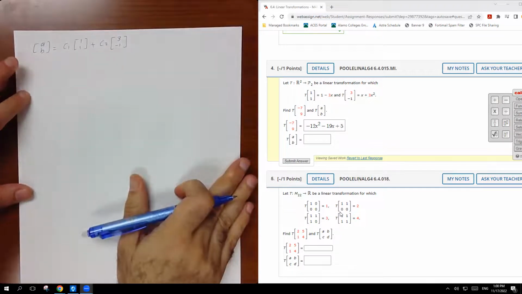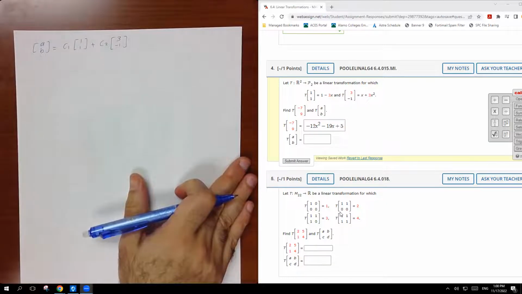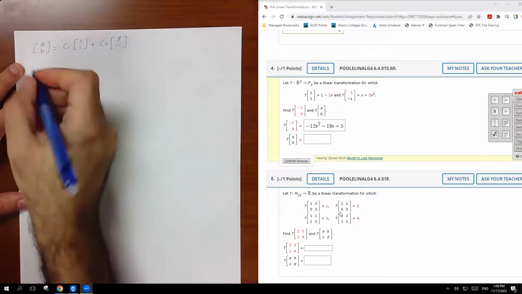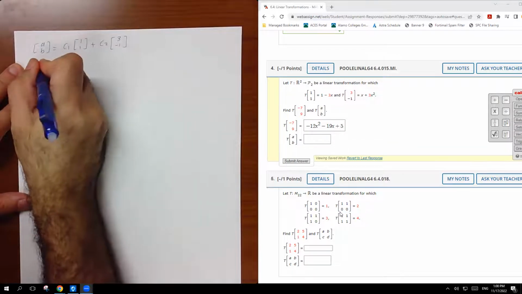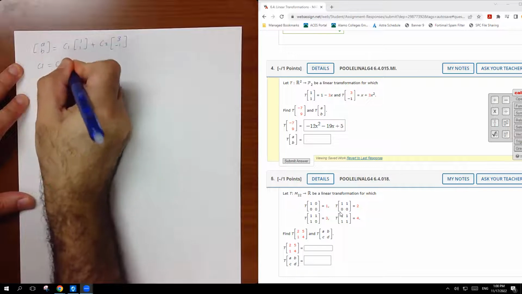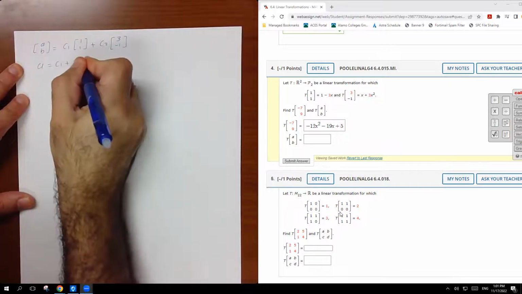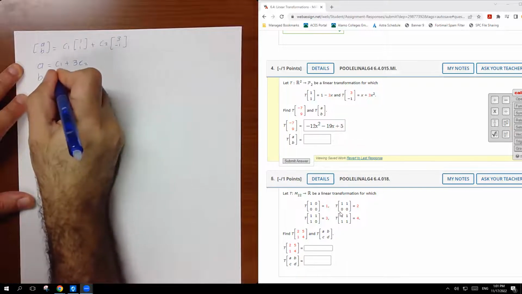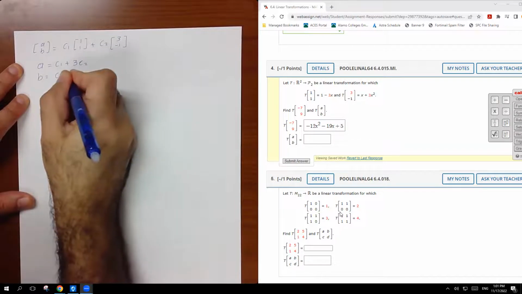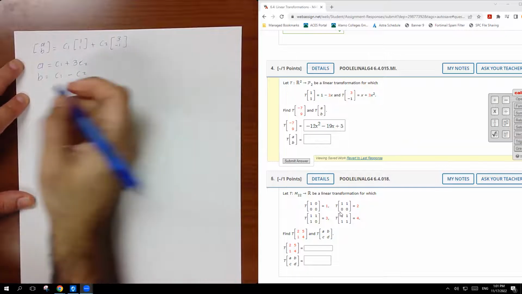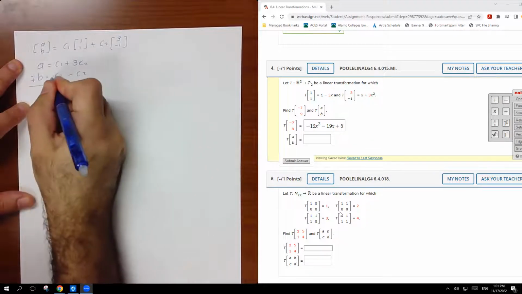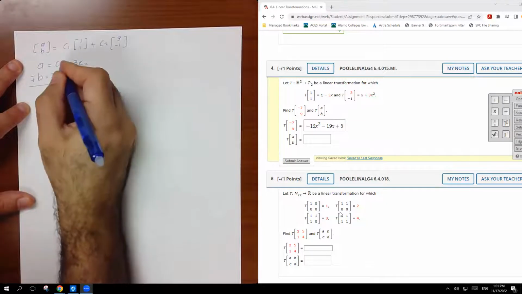Again, it's up to you how you solve it to find C1 and C2, and after that you can find the transformation. So the first equation is A equals C1 plus 3C2, and B is going to be equal to C1 minus C2. Now solve this one. Change the sign here: this plus is going to be minus, and this one a plus.